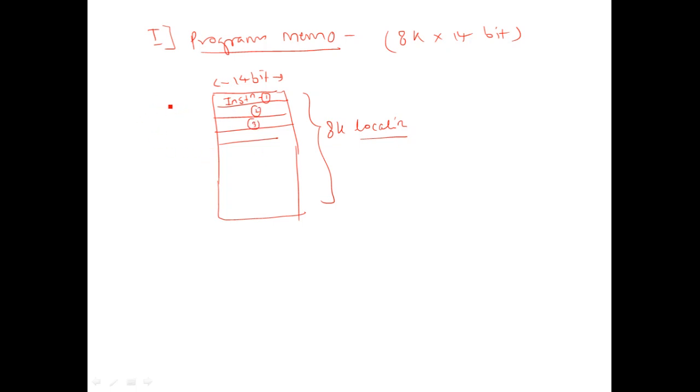Address map goes from 0000 to, it is 8K locations, so it will be a 13-bit address, and that goes up to 1FFF. 1FFF is a 13-bit address. Right? 4 into 3 plus 1, so 13-bit address, because 2 raised to 13 gives rise to 8 kilo.